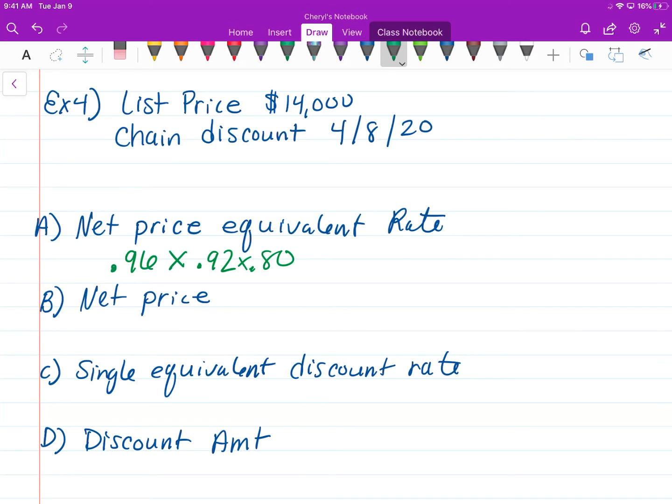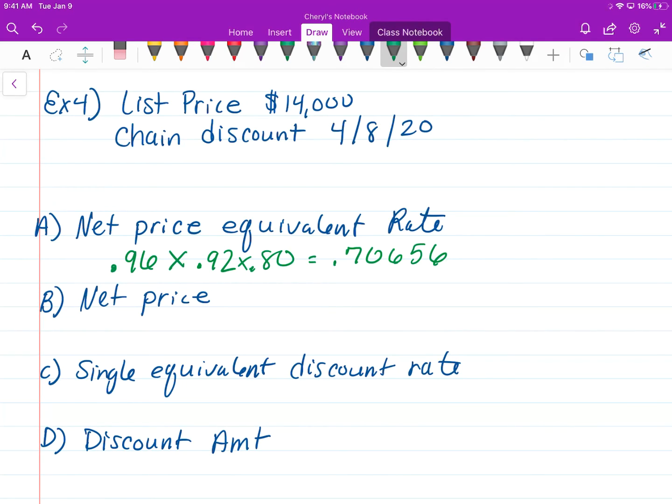When I multiply those all together, I get 0.70656. And you want to make sure you don't round those. Keep all the digits. So this is the rate that we're going to use to calculate the net price.